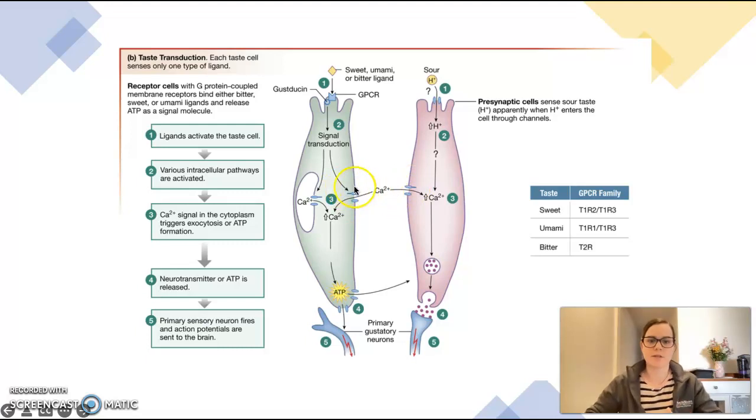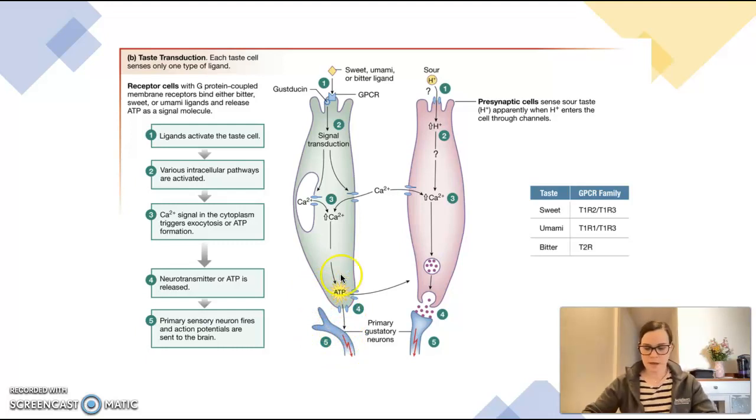Calcium is going to come into the cell. It's going to trigger ATP formation instead of exocytosis. So we come down to the bottom and it's actually ATP that's going to be released, and that is going to be picked up by the primary gustatory neurons.